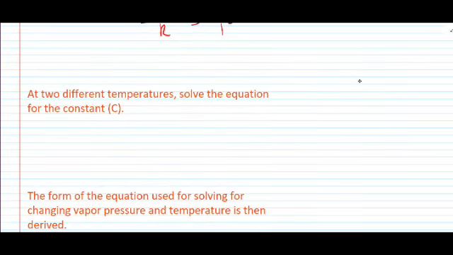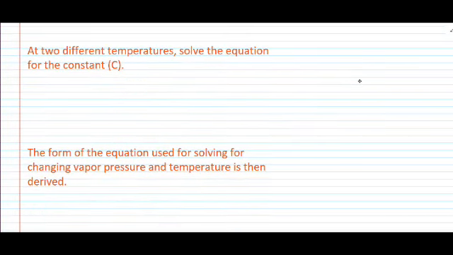We can now look at two different temperatures for our linear expression. The natural log of pressure 1 is equal to negative delta H of vaporization over RT1 plus the constant.